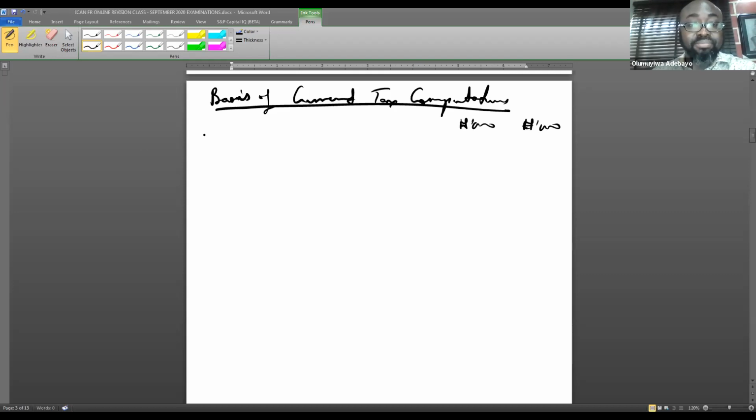Now remember that based on the requirement of CITA, our assessment of tax will start from what we call the accounting profits. Alternatively, accounting profit is profit before tax.